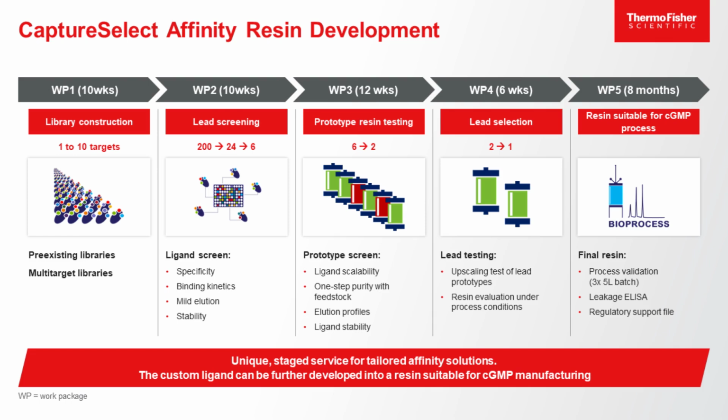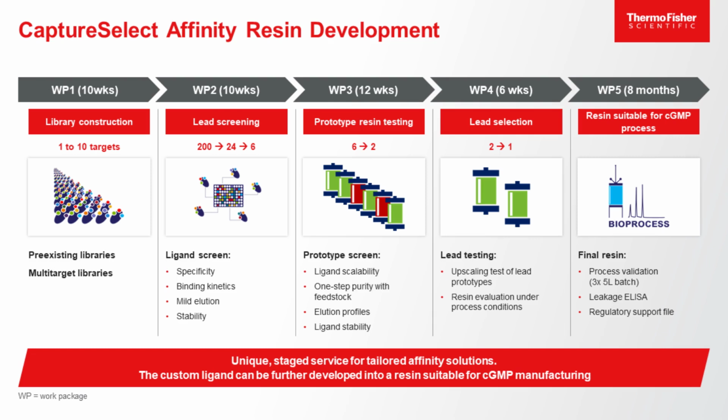Now, after work package 2, we're going to take 6 monoclonals, so monoclonal antibody fragments, the VHHs, the 15 kilodalton proteins, further into what we call work package 3. And work package 3 is where we'll test the prototype ligand on a resin.